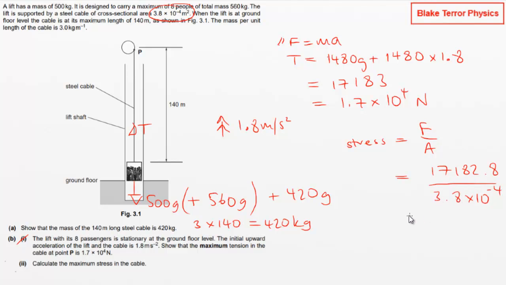So yeah, we just need to divide this by 3.8, and then we've got 4.5 times 10 to the 3, and then another 4. So 4.5 times 10 to the 7 pascals. There you go. So that's quite nice.